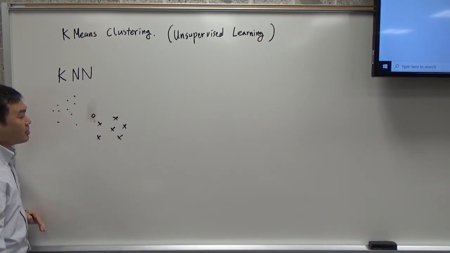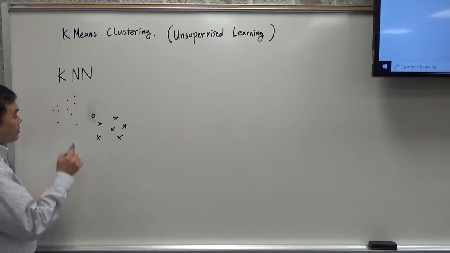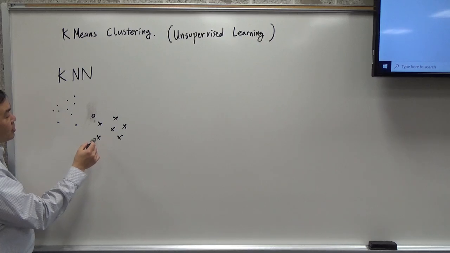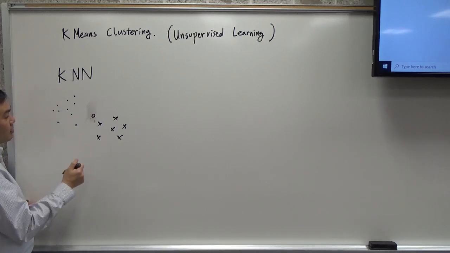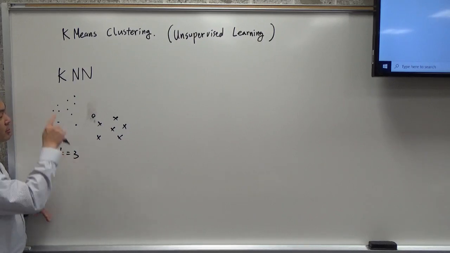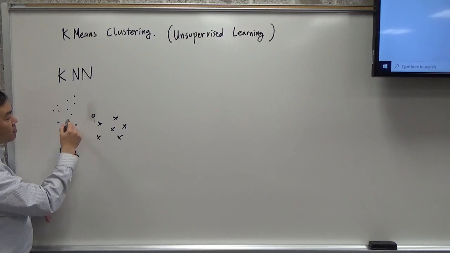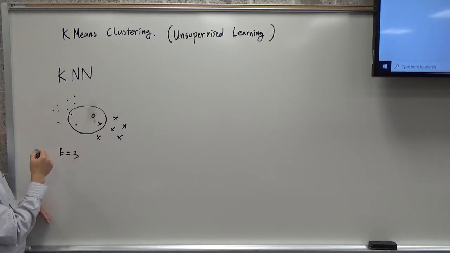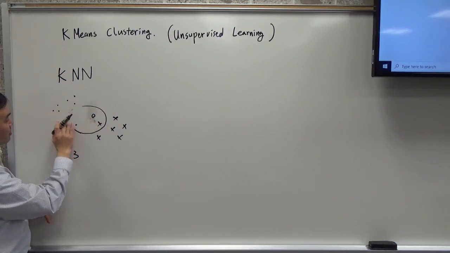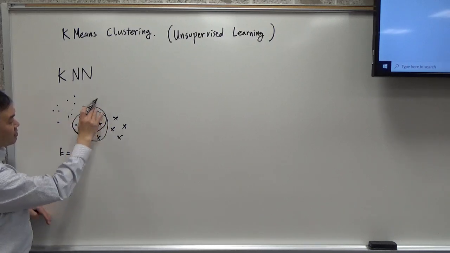Suppose you're here. Okay. Then what you do is you look for, say, if k is 3, then k equals 3, KNN would select 3 nearest points. That doesn't look right. I think it's more like this, maybe. Yeah.